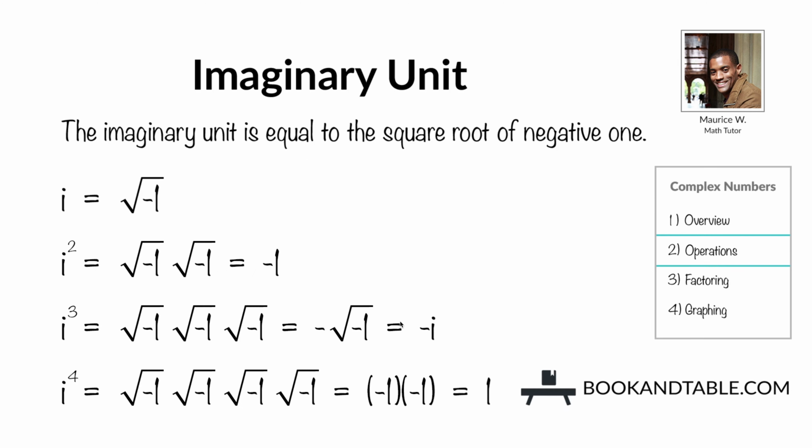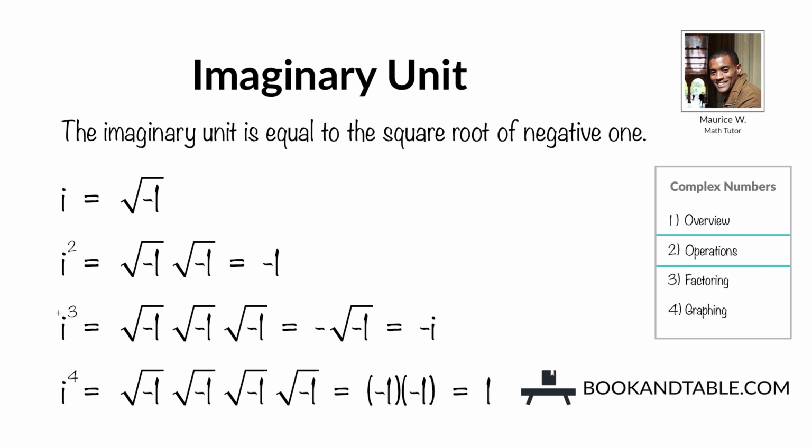Now let's discuss the imaginary unit a little bit further. The imaginary unit is equal to the square root of negative 1. I is equal to the square root of negative 1. So I squared is equal to the square root of negative 1 times the square root of negative 1, which is equal to negative 1. But the imaginary unit goes through a cycle up to 4.